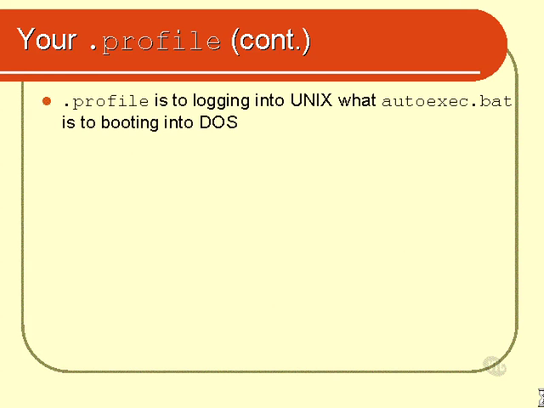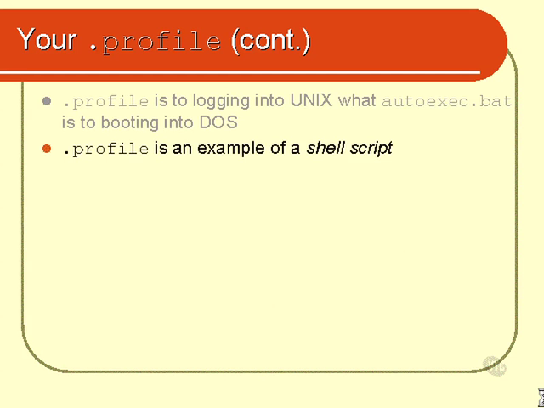Logging into Unix is what occurs for your .profile to get run, and autoexec.bat gets run when you boot into DOS. Also, .profile is an example of a shell script. A shell script is simply a series of commands that you wish to have executed by a shell. Now, obviously, because we have an entire course just on shell scripting, there's got to be more to it than that, but your .profile is indeed a very simple shell script. I just thought you should know that.